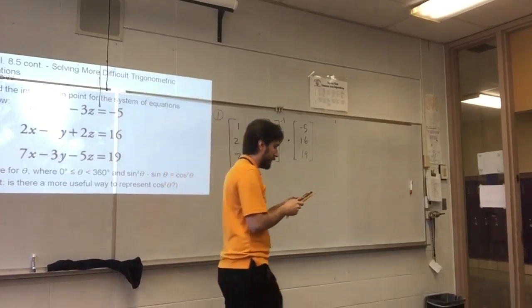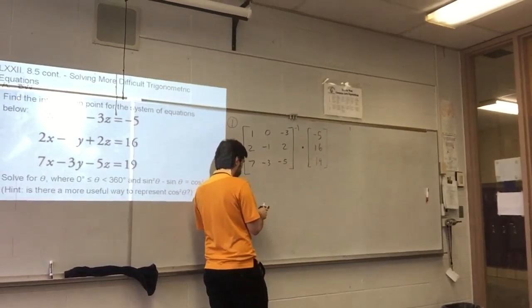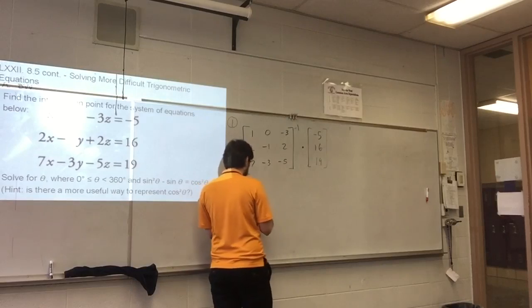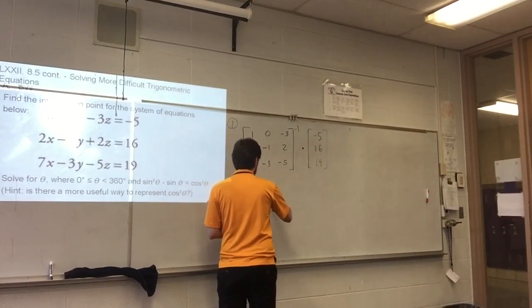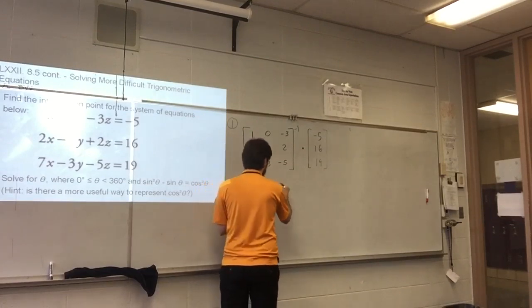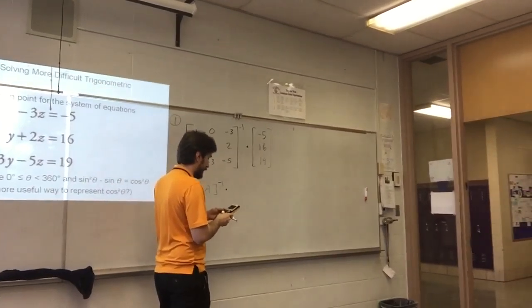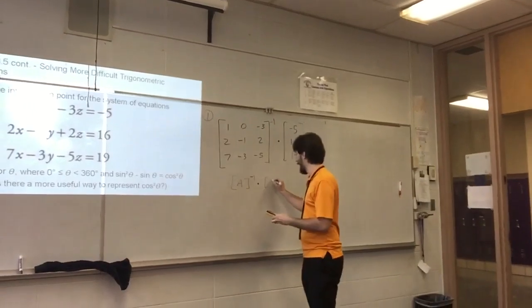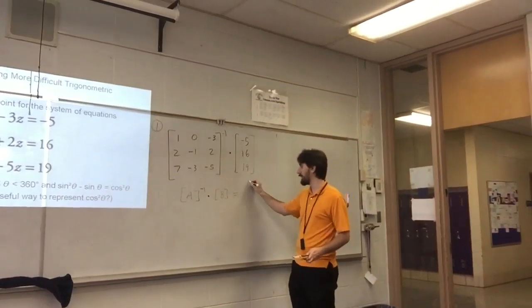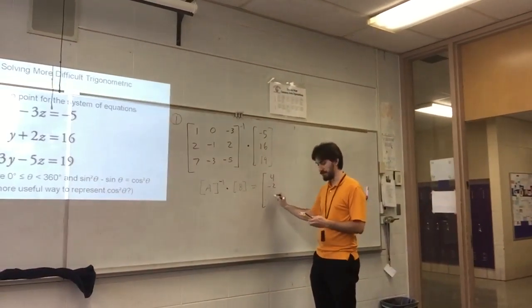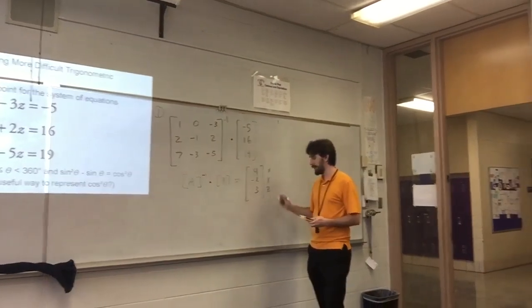Then pull up matrix A, inverse button, times matrix B. If you hit enter, you should get this, which means x is 4, y is -2, and z is 3.